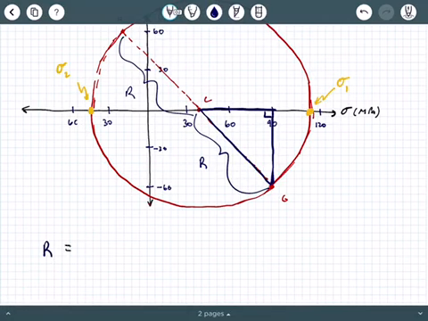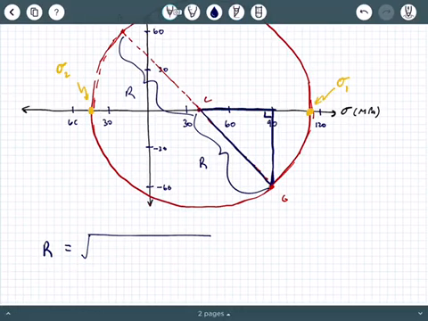The great thing about knowing the center and where point G is, is that we can build this right triangle right here, which we can make good use of. I'm going to use the Pythagorean Theorem, which turns out to just be the distance formula as well.